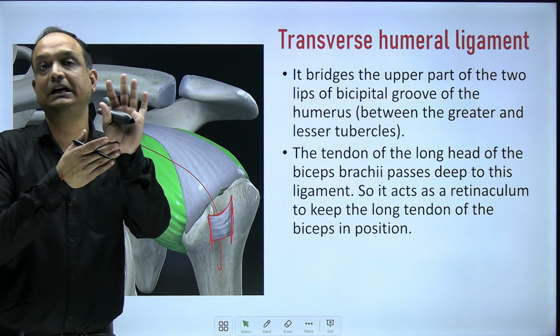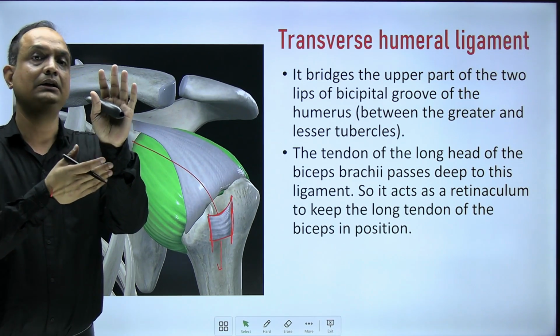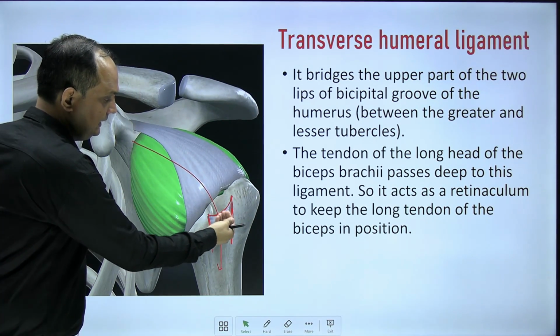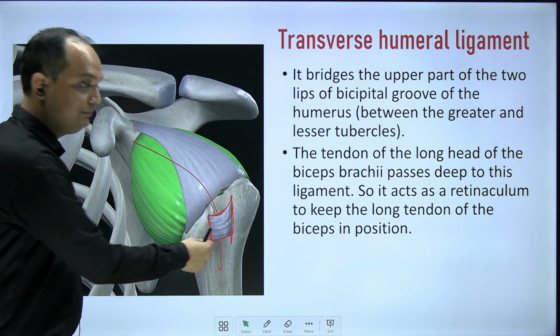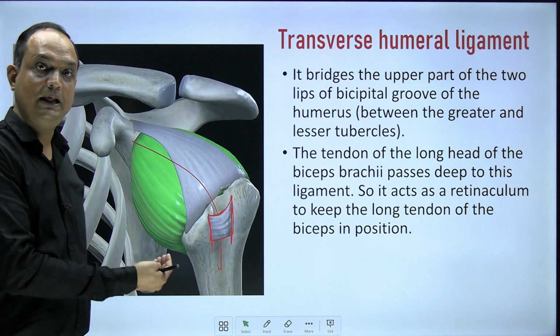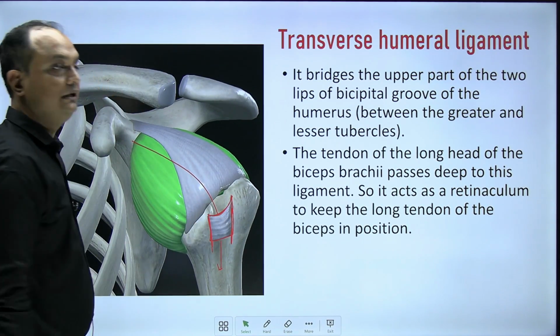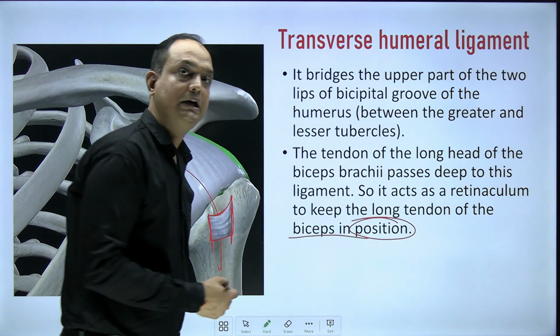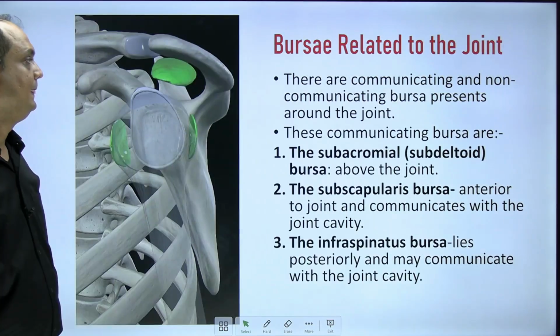Like the flexor retinaculum, which keeps the flexor tendons in their own place, in the same way this humeral ligament keeps the long tendon of biceps in place, acting like a retinaculum. So it holds the tendon in its own position. Which tendon? Long head of biceps.